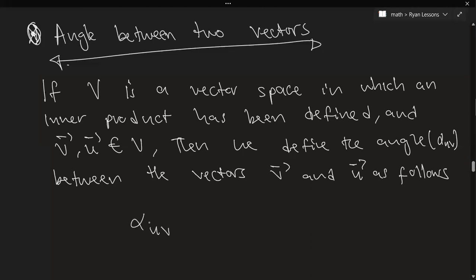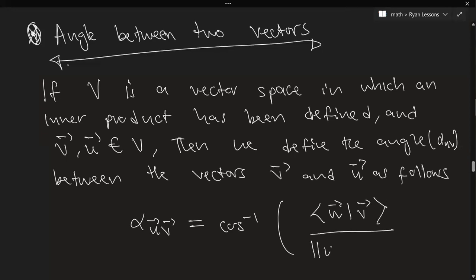Alpha UV is equal to the cosine inverse of the inner product between U and V, divided by the norm of U times the norm of V. So within anything called a vector space, where there is a way of defining an inner product, there is the notion of the angle that we can associate with that space, defined as shown there.